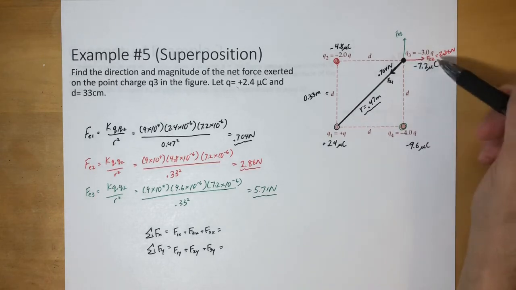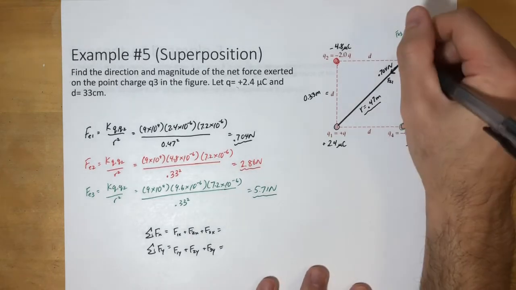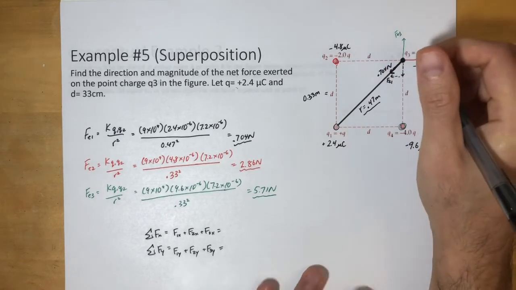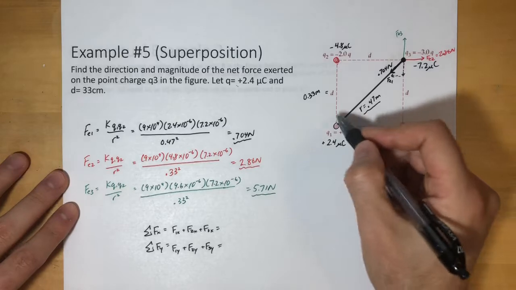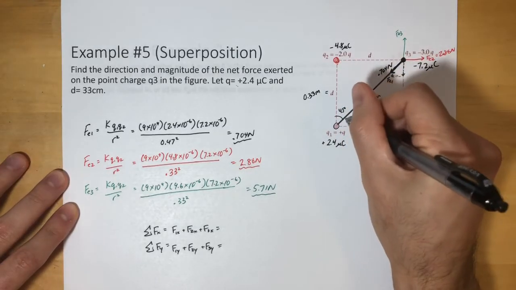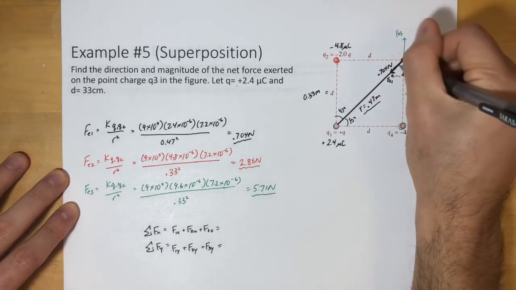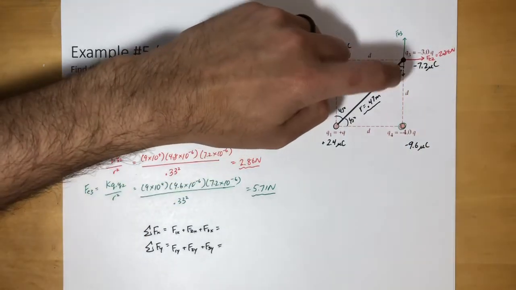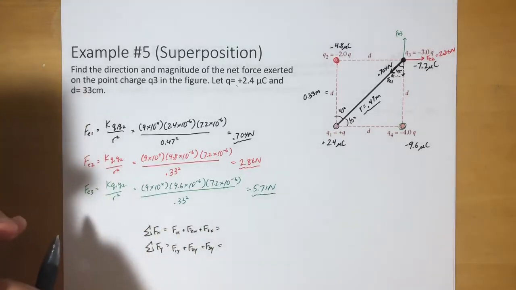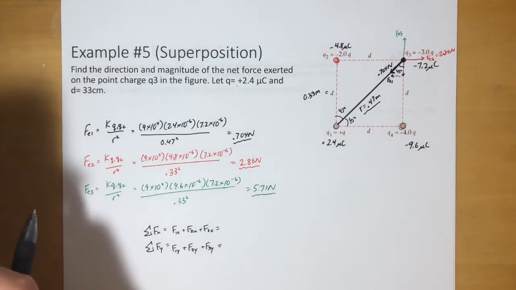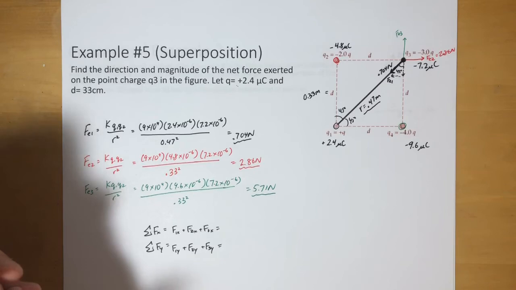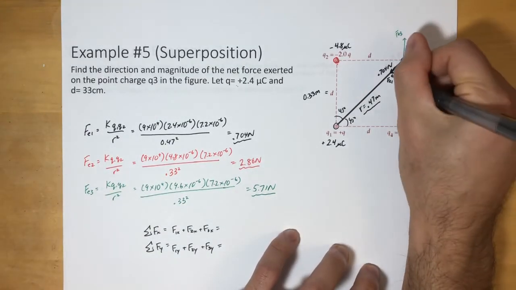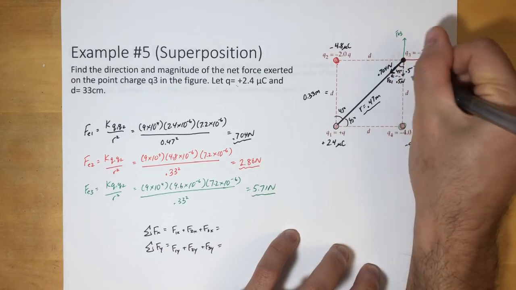Since this is all in the x and all in the y, we really only have to figure out what this one is in the x direction and in the y direction. And since it's a complete 45-degree angle, this is 45 degrees and this is 45 degrees, we know this angle is going to be 45 degrees. That being said, if this is 0.704, let's find out what the x and y is. So 0.704 times cosine of 45 gives us 0.49, pretty much 0.5. So this side over here would be 0.5, and this side over here is 0.5.